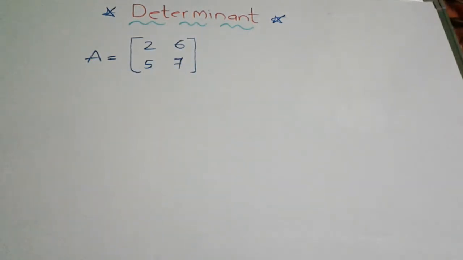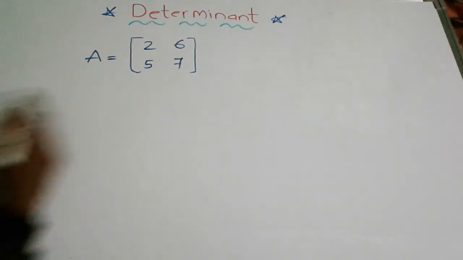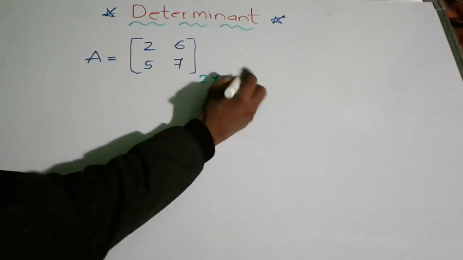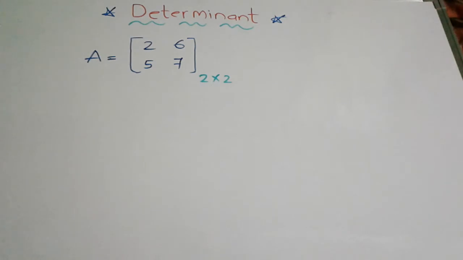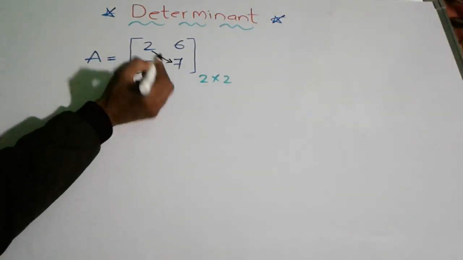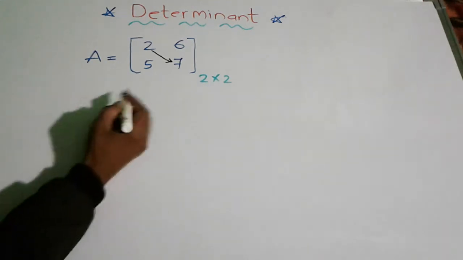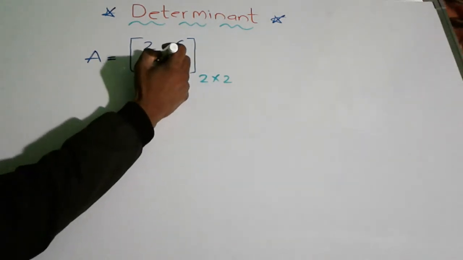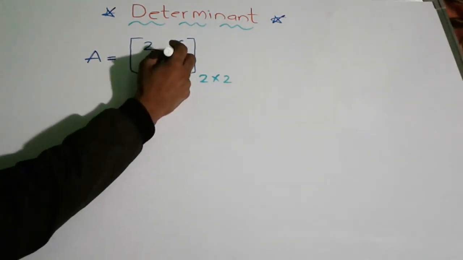In order to find the determinant of a 2 by 2 matrix, we have to multiply in a diagonal way, that is, first we multiply in this way and next minus this one.